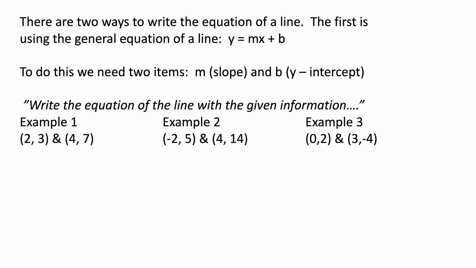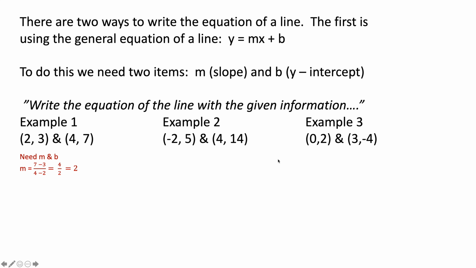The first thing I need to do is find the slope. So I have to do the slope formula to the 2 points, and then I need to find the y-intercept, and I actually use the equation of a line to do that in either one of those 2 points. So let me go through and show you how to do example number 1, and then you will do examples 2 and 3.